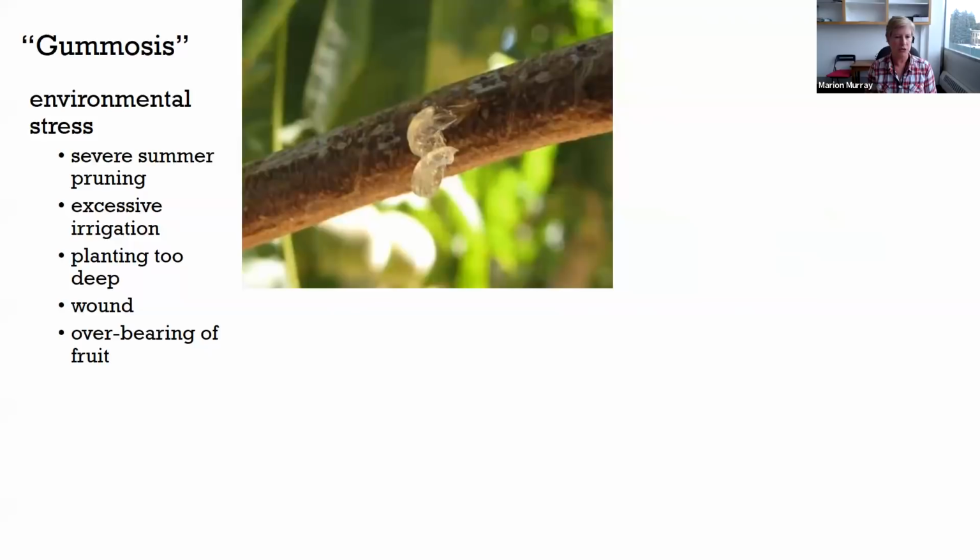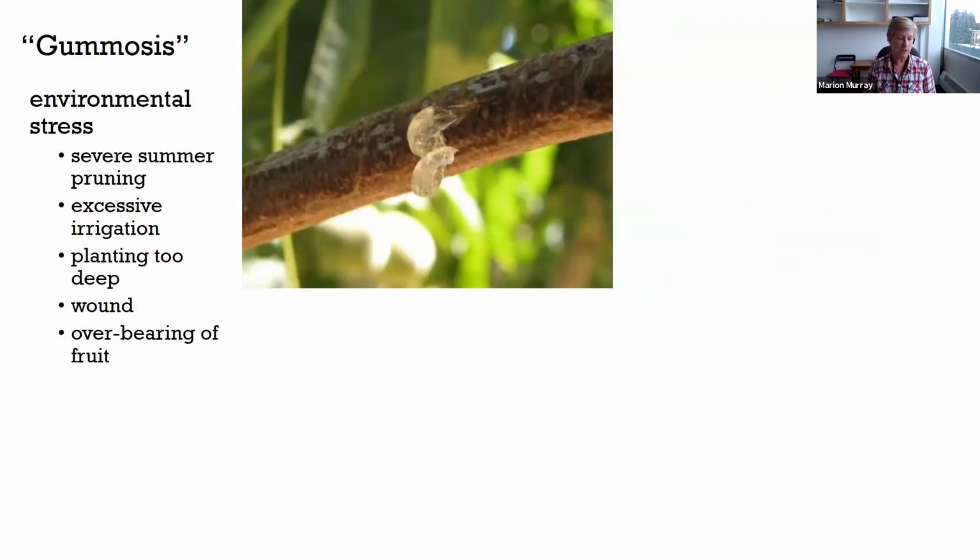I showed those pictures with the very dark gumming on the trunk. And just for you all to be aware that gummosis can be caused by a variety of different factors. So there could be environmental stress that causes gumming. And I'm talking, for the most part, Prunus species.